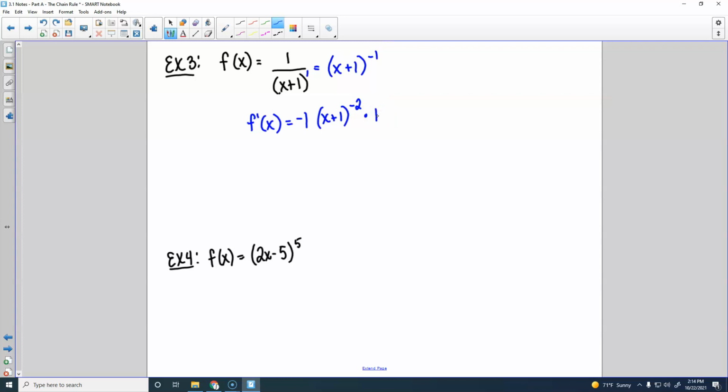Okay, you could leave it like this, probably on multiple choice or back of the book if you're checking your work. They'll leave that negative 1 on top and they'll put the x plus 1 squared back down to the bottom.